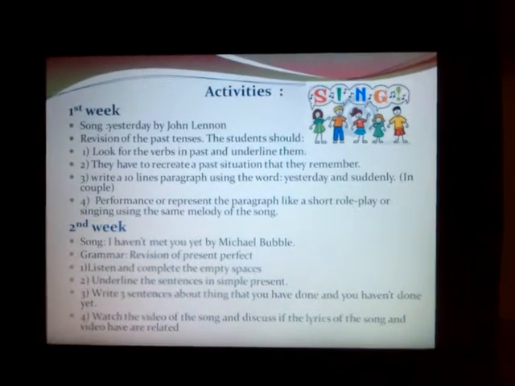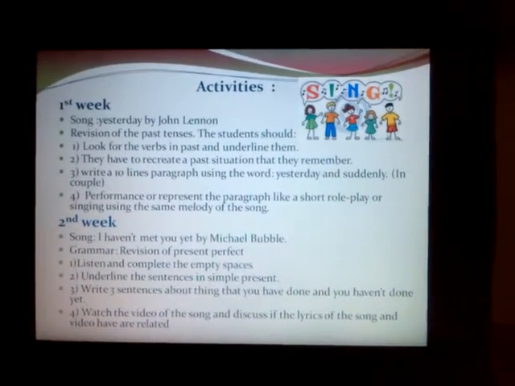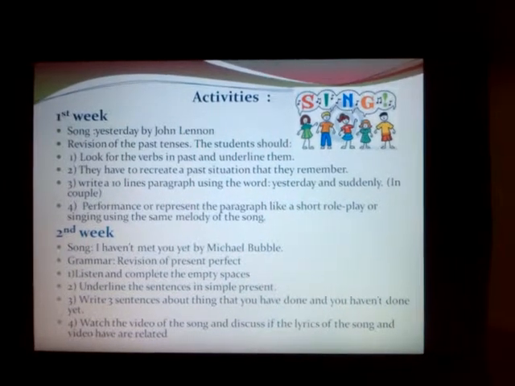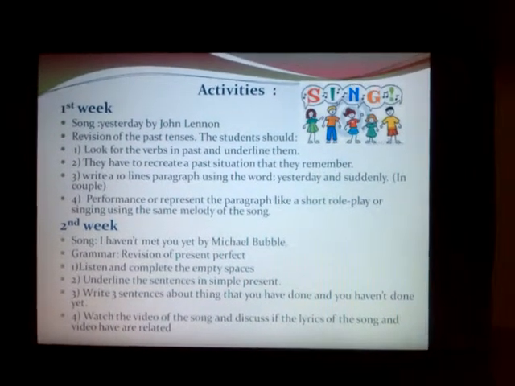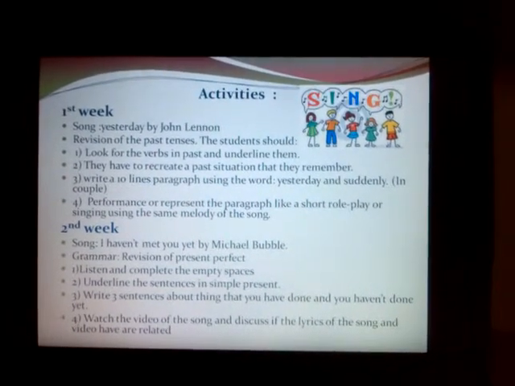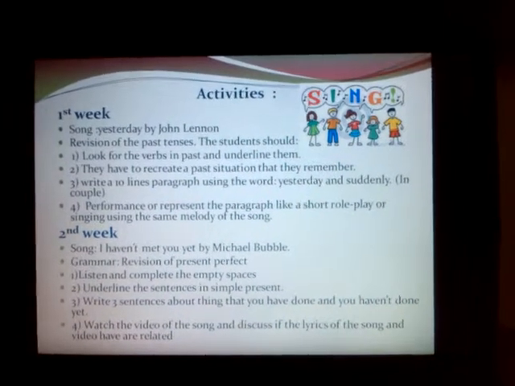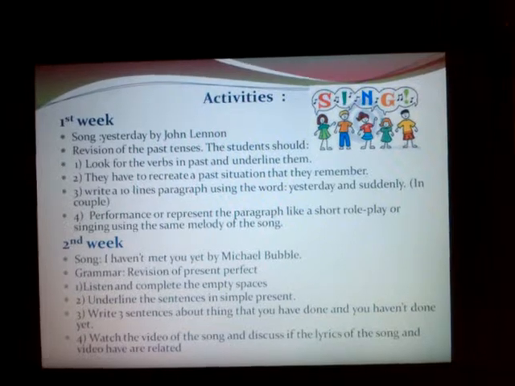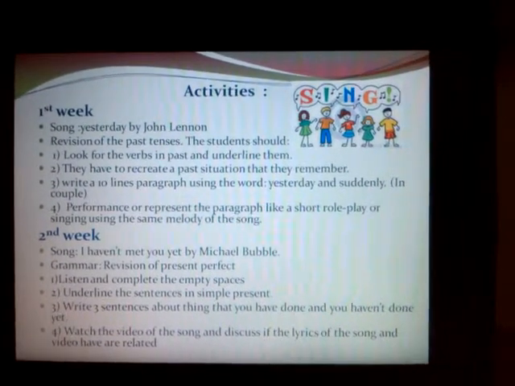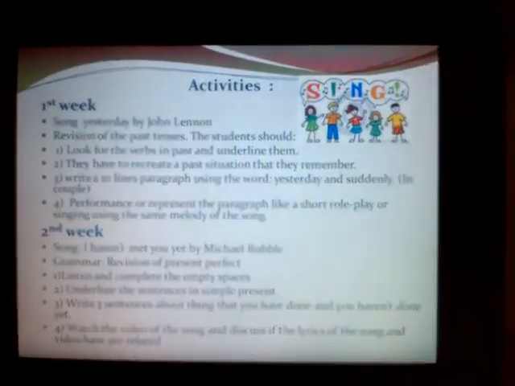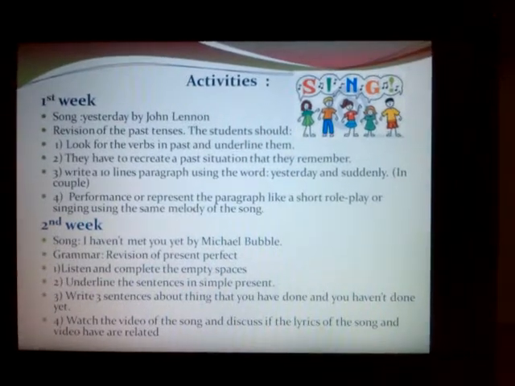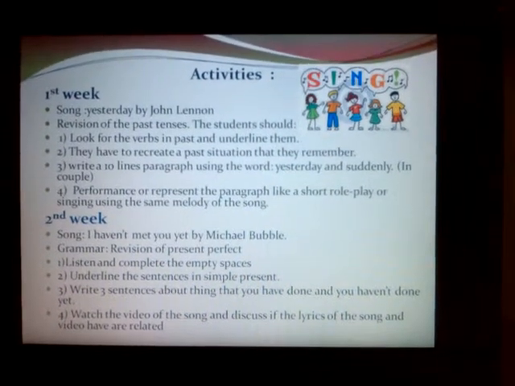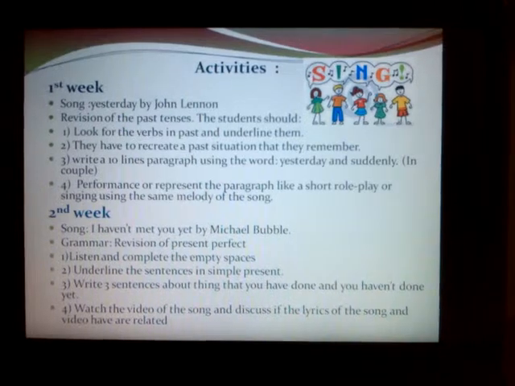For the second week, we have a song called "I Haven't Met You Yet" by Michael Bublé. Grammar. In that case, we are going to make a revision of the present perfect. Listen and complete the empty spaces, underline the sentences in simple present. Also, they have to write 3 sentences about things that they have done and they haven't done yet.